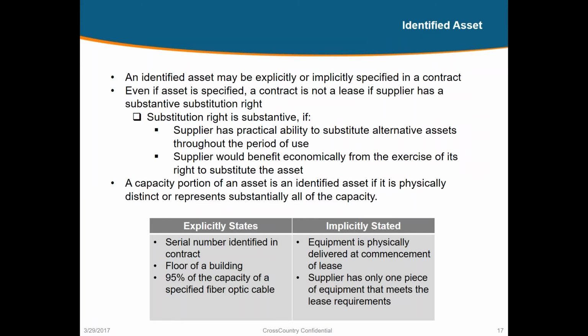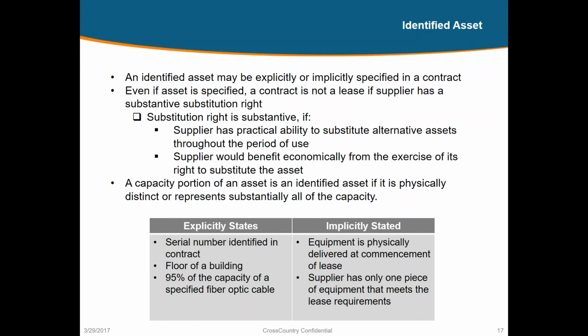An identified asset does not exist if the supplier has a substantive right to substitute the asset throughout the period of use. The right is substantive only if the supplier has the practical ability to substitute alternative assets throughout the period of use and would benefit economically doing so.